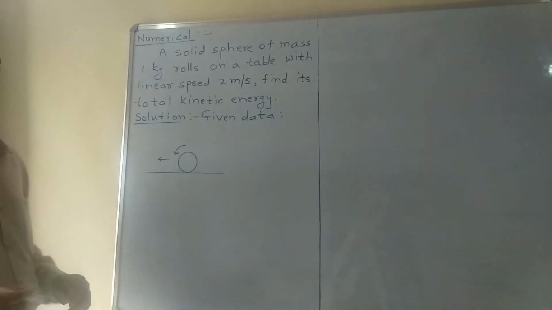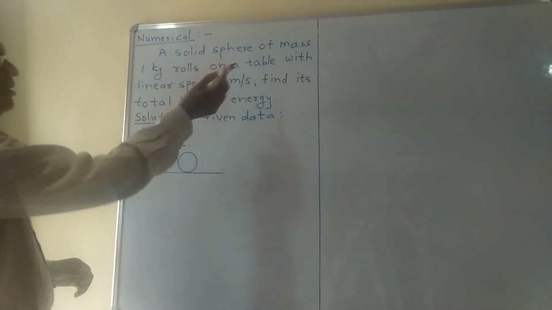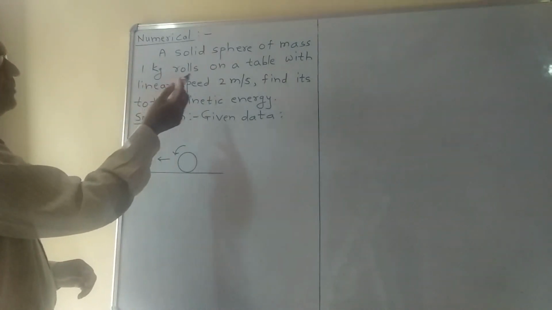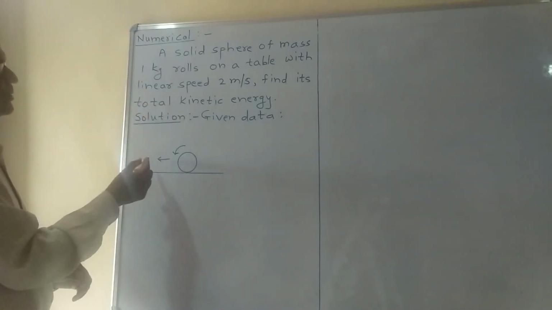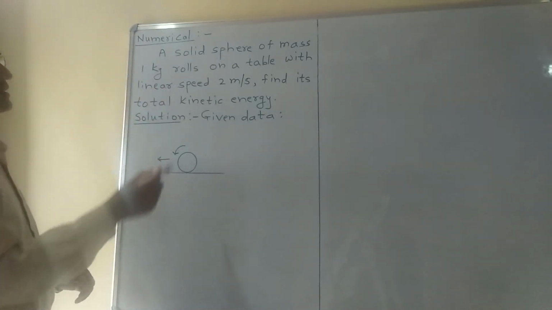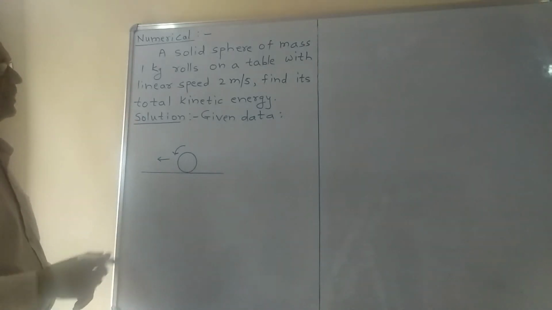Let us consider one numerical based on rolling motion of a body. A solid sphere of mass 1 kilogram rolls on a table with linear speed 2 meters per second. Find its total kinetic energy. Solution.